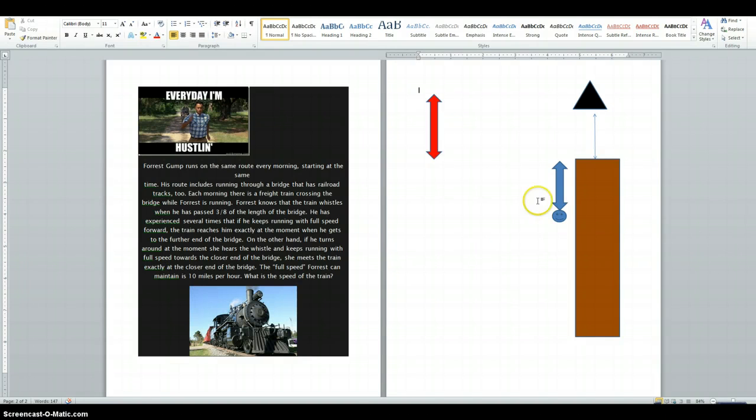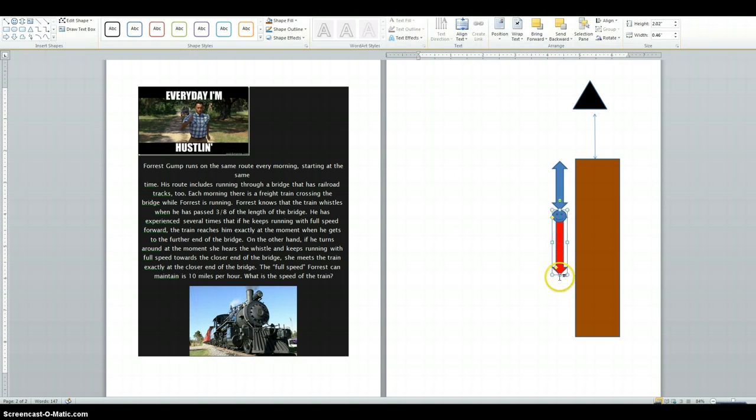So we know that if Forrest is here when he hears the train whistle, he can travel 3/8 of the way and be back in here. So if he's here and let's say he goes forward another 3/8, he'll cover another 3/8 if he chooses to run forward.